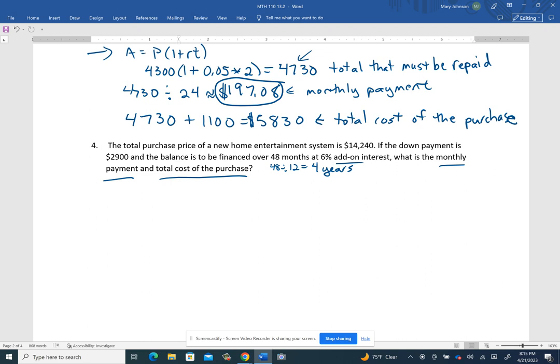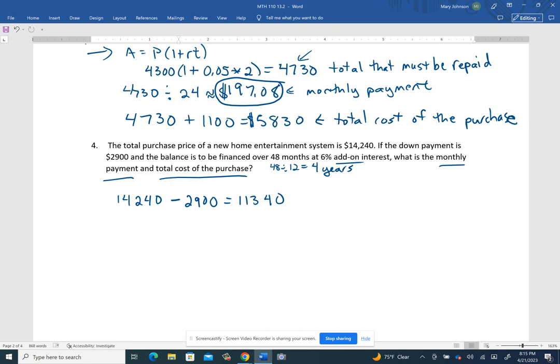All right. So I'm going to take the 14,240, but I'm going to subtract from that the money that the person puts down. So that's $11,340. Then I could calculate the interest on that, especially if that was one of the questions they wanted me to answer.